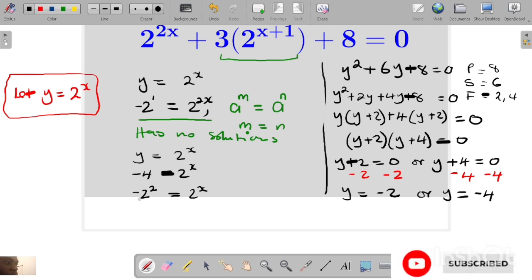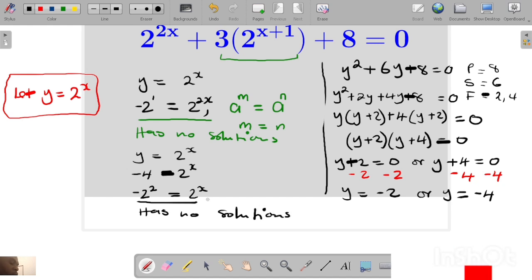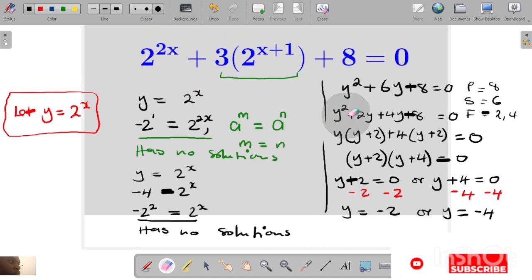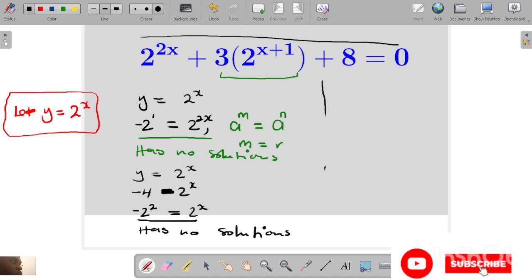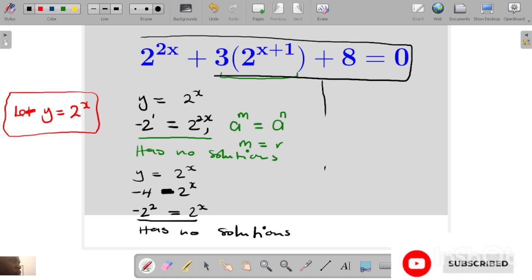Now, because you have a negative base here, this means that this equation also has no solutions. Now, what does this mean? It means that the entire equation here, this exponential equation, has no solutions. All right, that's what it means.